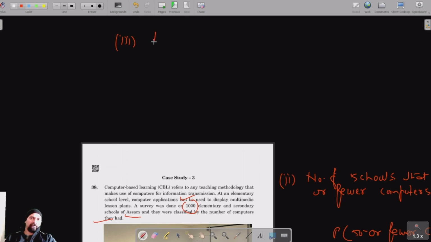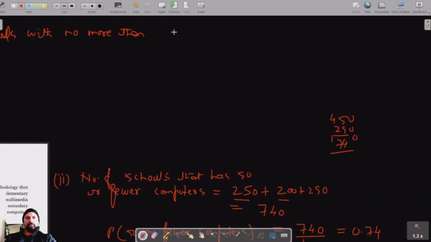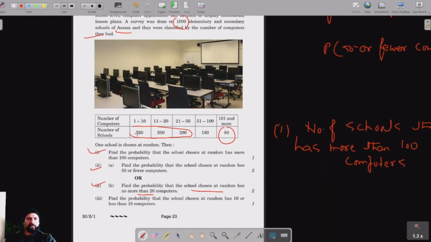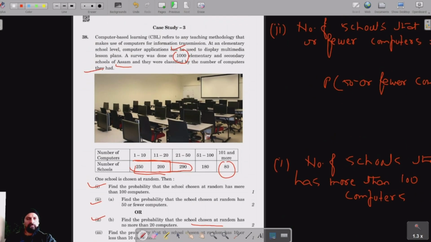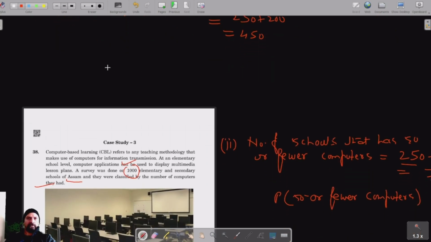So the number of schools with no more than 20 computers means 250 plus 200, which is equal to 450.